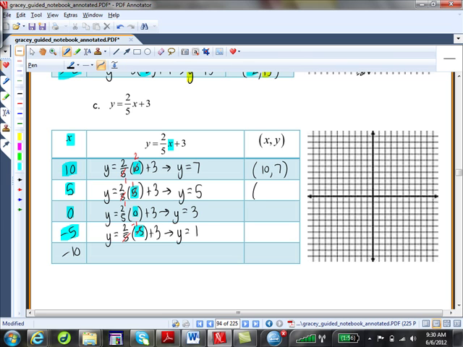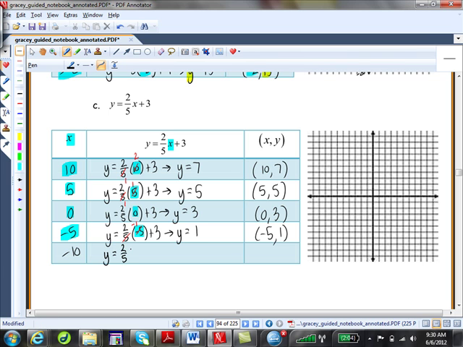Oh, sorry, I haven't been putting my ordered pairs. So this ordered pair ended up being 5, 5. This one was 0, 3. This guy was -5, +1. And now we're on our last.